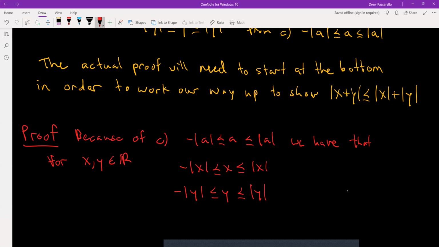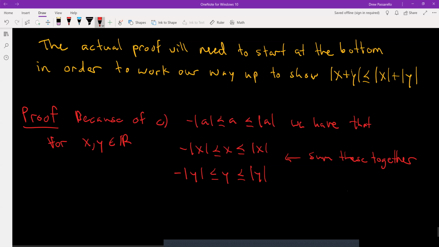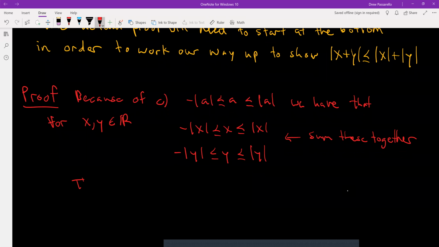And when we sum those together, what do we have? So we'll have negative absolute value of x minus absolute value of y less than or equal to x plus y, less than or equal to the absolute value of x plus the absolute value of y.